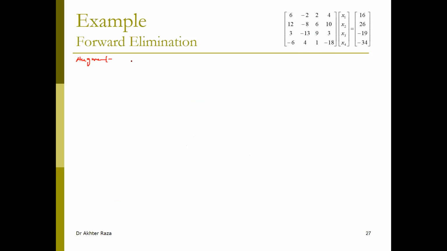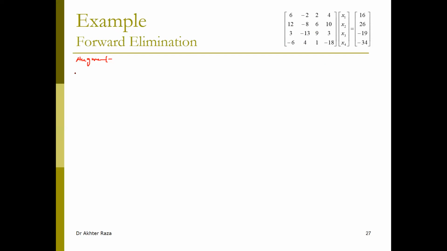So what is to be done in the augmented matrix? Only this matrix A and the vector B are to be written down. This matrix is called the augmented matrix.